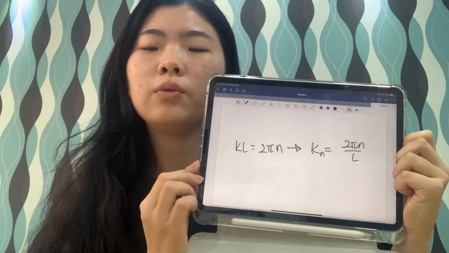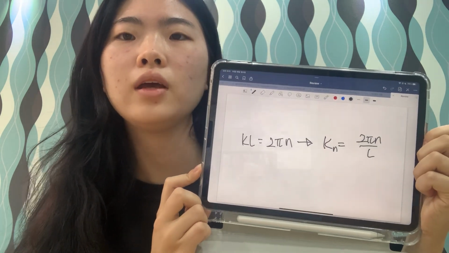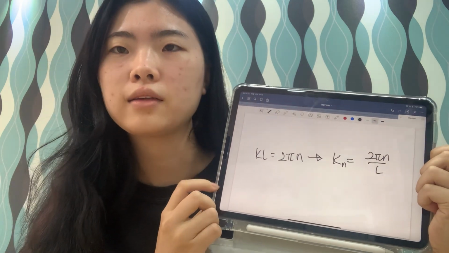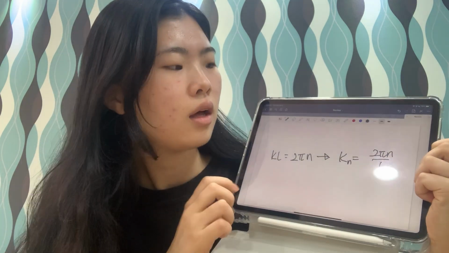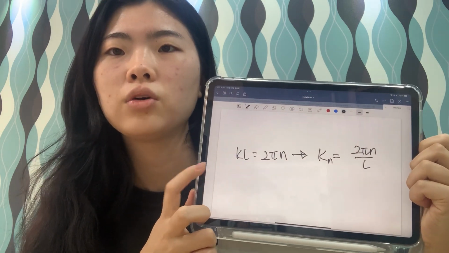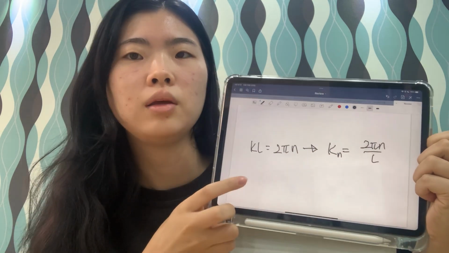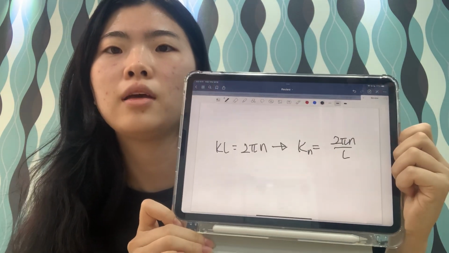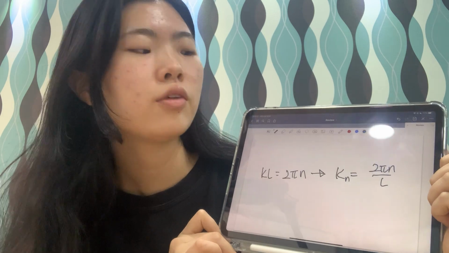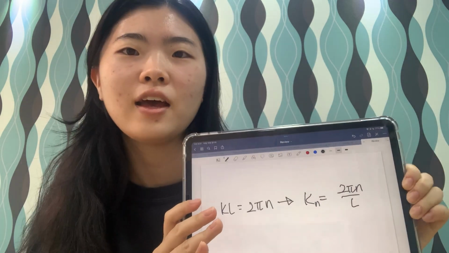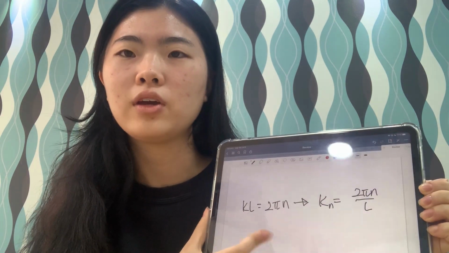In one dimension, if we substitute x equals L in kx, we can note kL equals 2 pi n. So it also means k_n is 2 pi n over L. So we can use this equation.